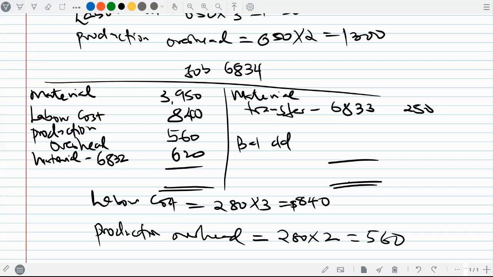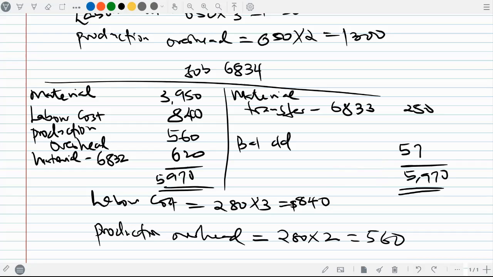Okay, what's the total? For 6834, 5970. Okay, the balance carried down is 5720.